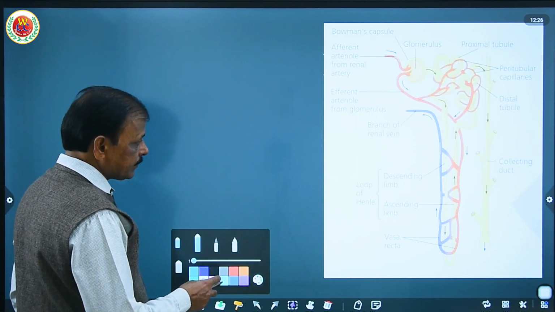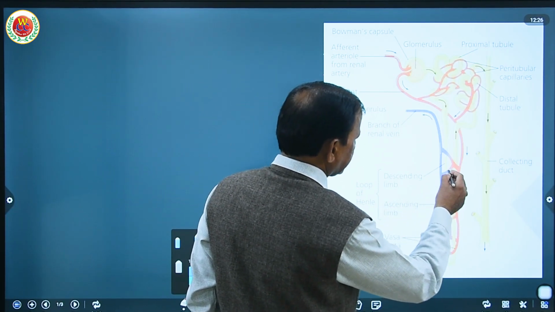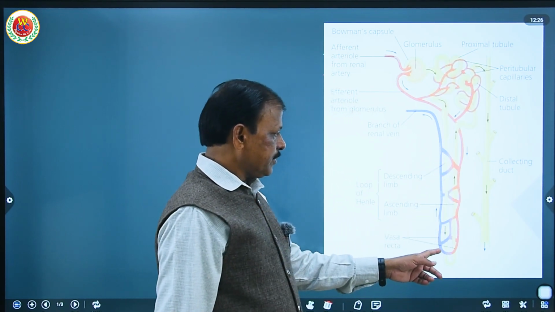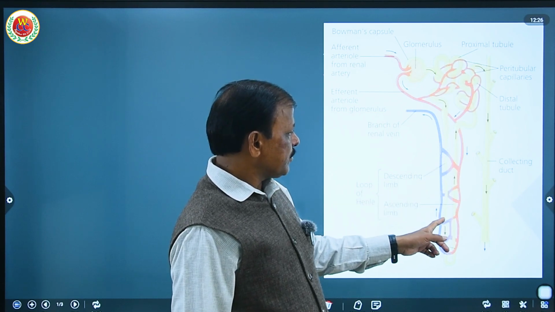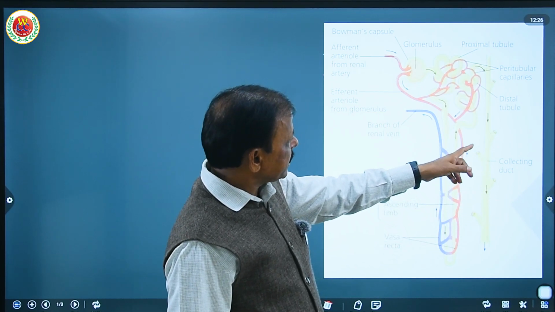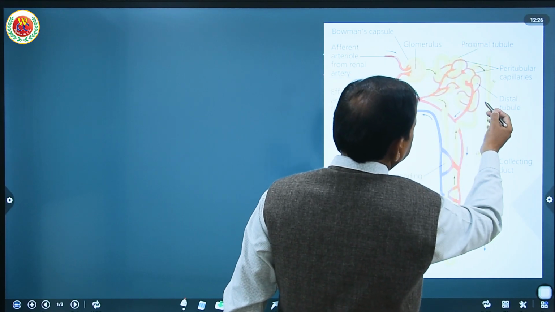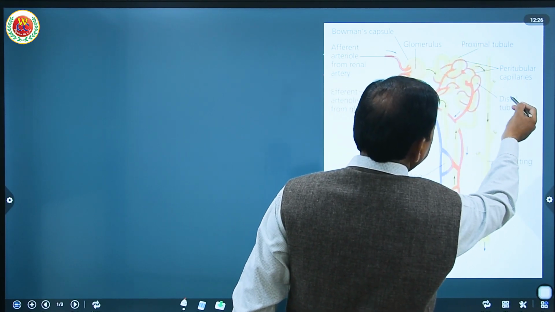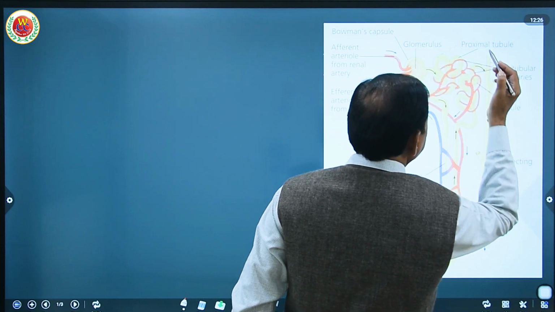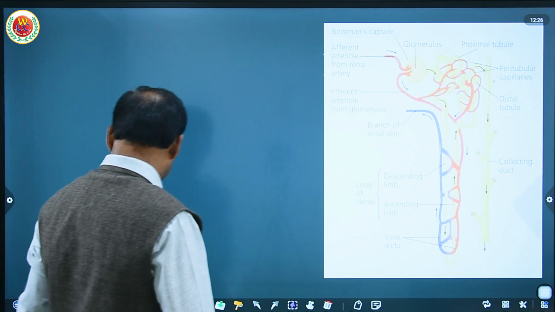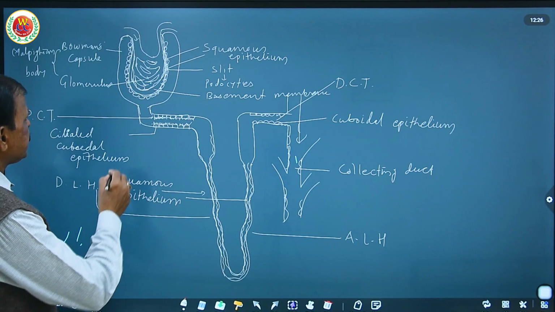The collecting duct is as shown in the diagram. This is PCT, the immediate one, and this is the DCT, which is in connection with the collecting duct.